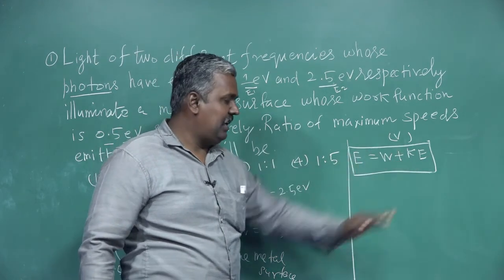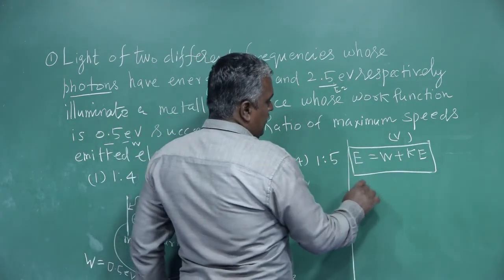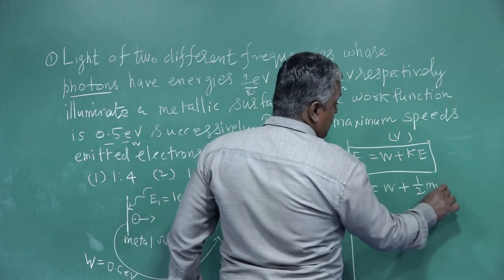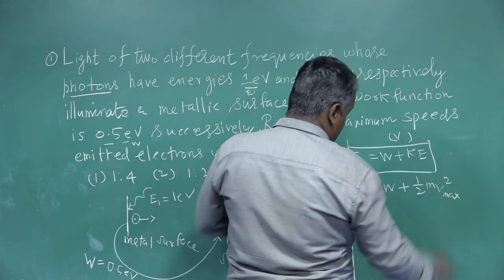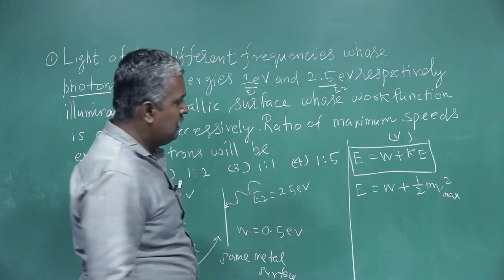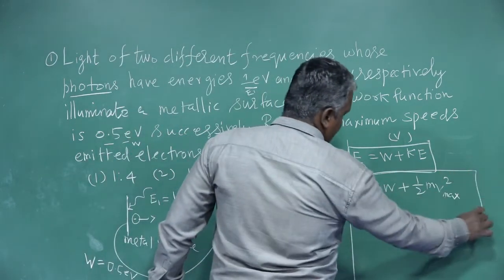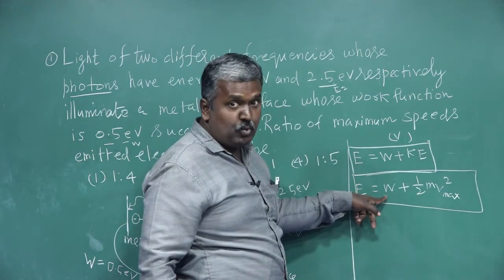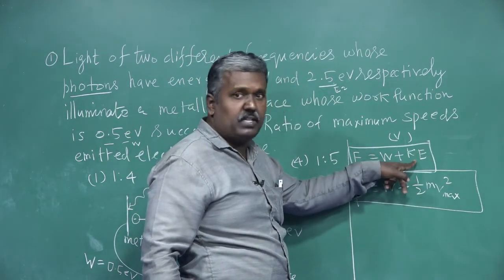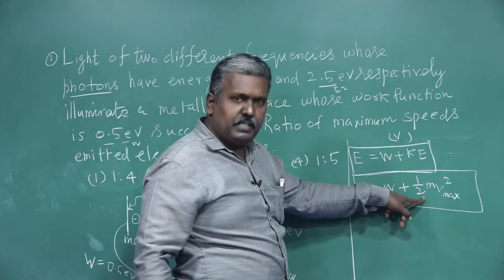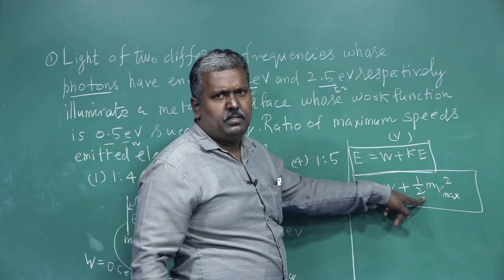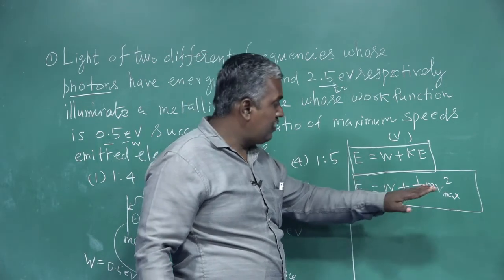In other words, E is equal to W plus half m v square maximum. It is equal to h nu, h nu naught, half m v square maximum, or e V naught, where V naught is the stopping potential. No need for e V naught here. Up to this is enough.